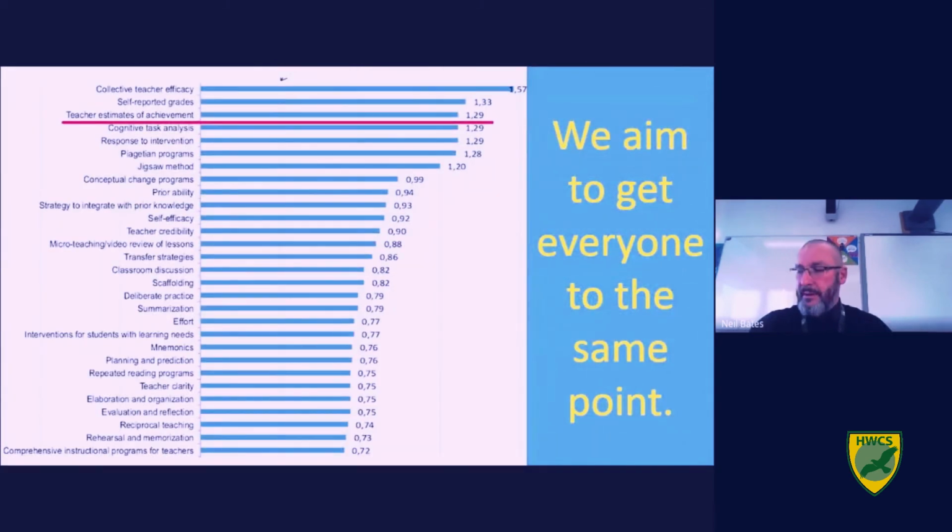And finally, this links to the work of Hattie, who was talking about the importance of very, very high teacher estimates of achievement. Basically, the higher or the more positive we are about what students can achieve, and the more we can communicate that to students, according to Hattie's research, the more likely they are to achieve it.